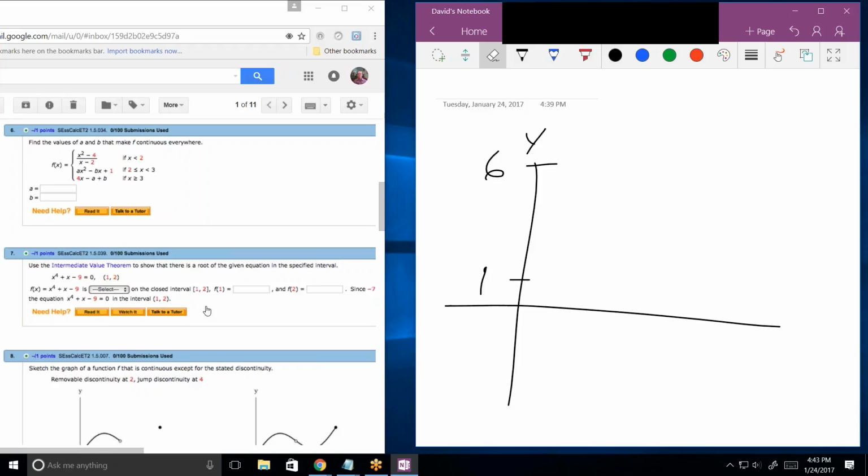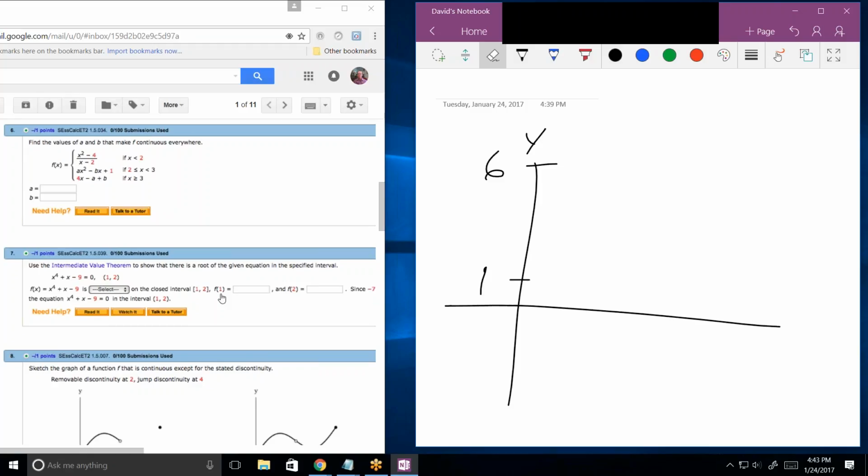Okay, now f of 1. How do I get f of 1? You just plug it in, right? Or substitute. What do you get? So you get 1 plus 1 minus 9. Which is negative 7. Yeah, that's right, negative 7.